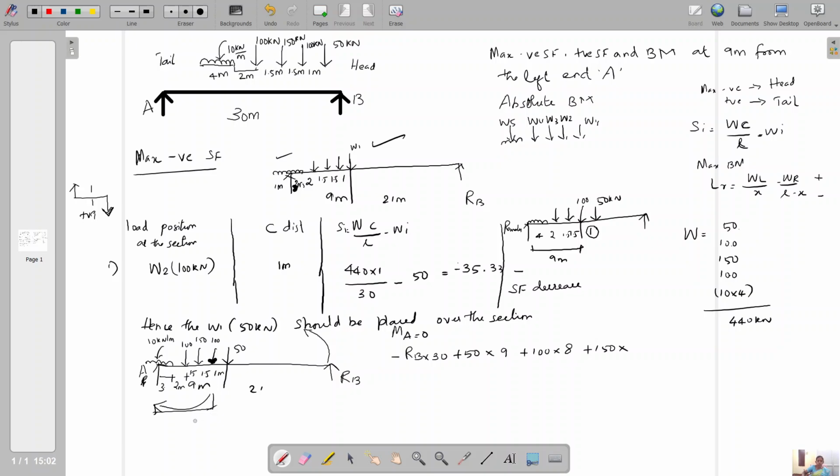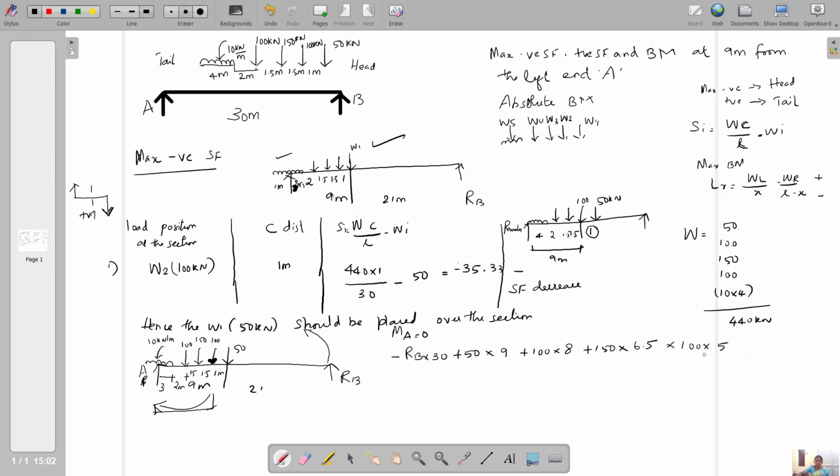If you deduct a further 1.5, 6.5. Okay, 6.5 plus 1.5 is 8. So 150 into the particular distance, 6.5. Further, 100 into another, we have to deduct 1.5. So 5.